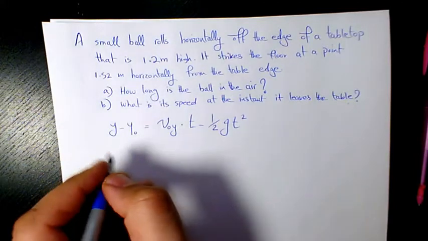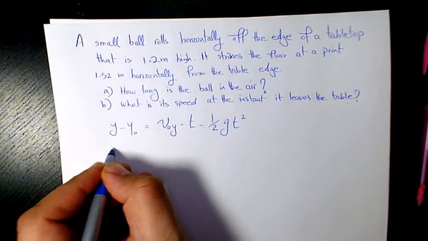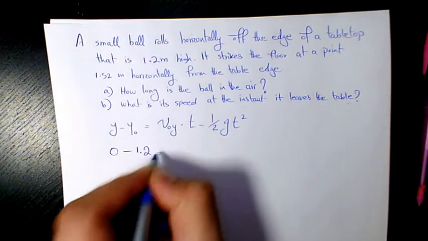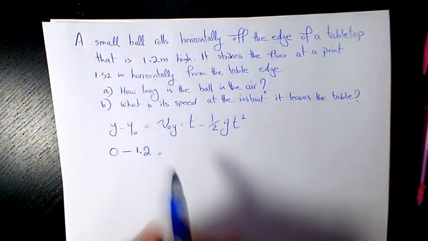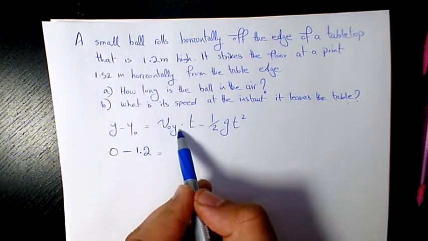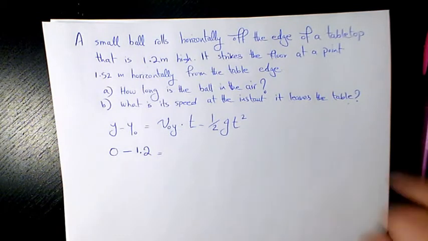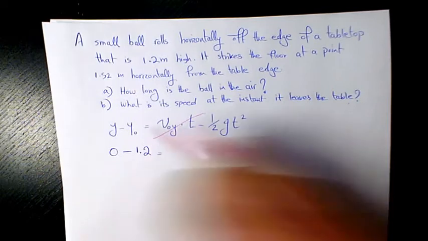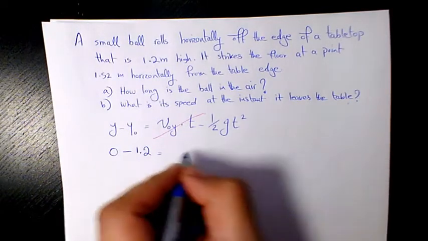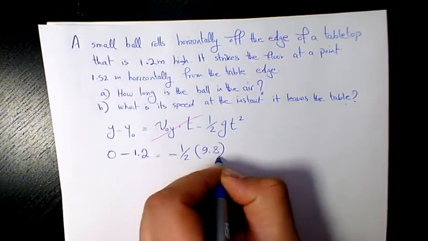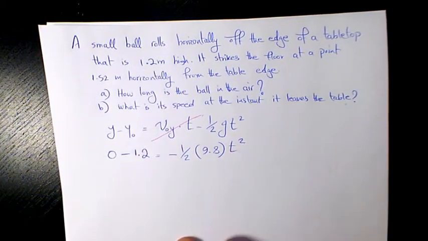We can say the final height is 0 minus 1.2, because the height is 1.2. So it's going to be minus 1.2. V naught y is going to be 0 because it moves horizontally right from the beginning. So this part is going to be 0. And then you have negative 1 over 2 g, which is 9.8, t squared.